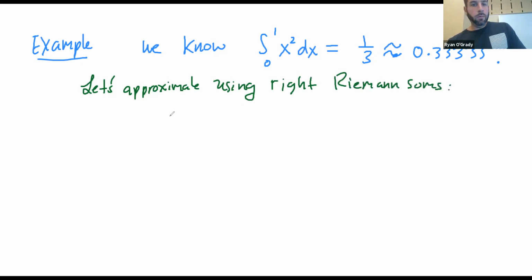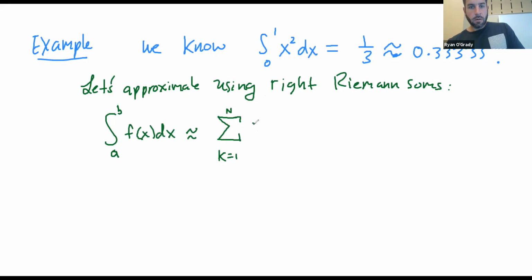So what is the right Riemann sum? We know that the integral from a to b of f of x dx is approximately the sum, k goes from 1 to n, of f evaluated at x sub k times delta x.